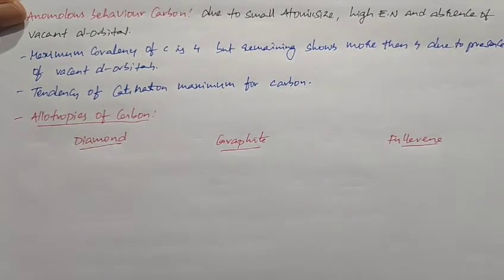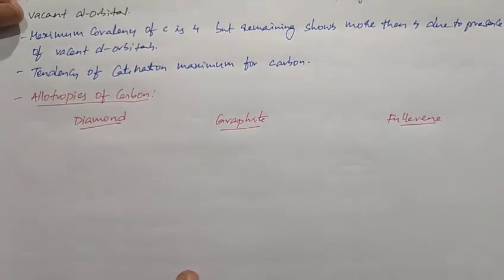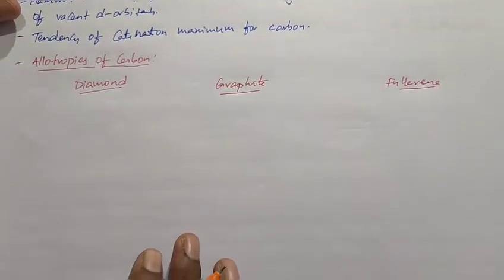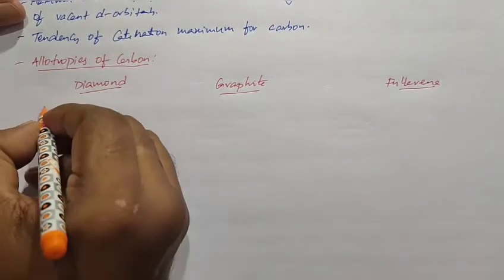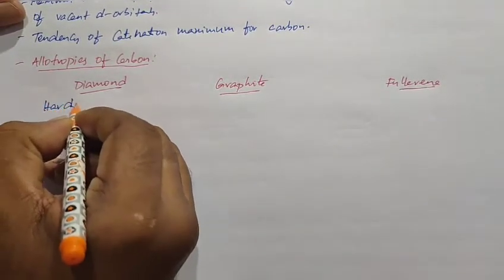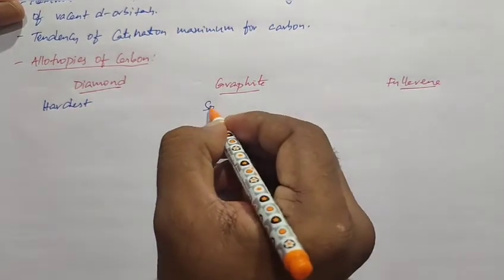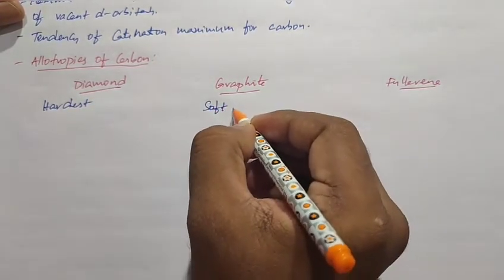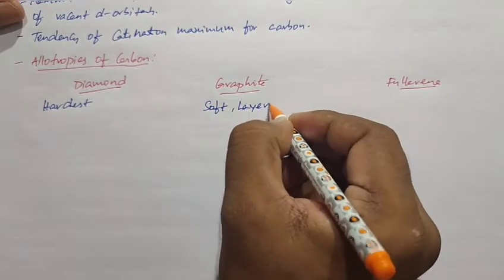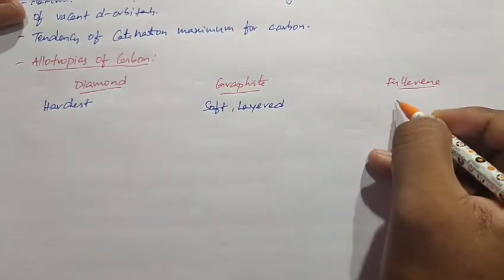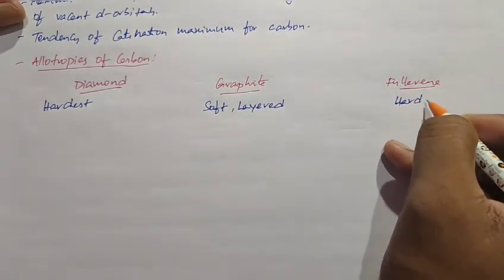When you observe the differences between diamond, graphite, and fullerene, diamond is the hardest substance, while graphite is a soft layered structure.